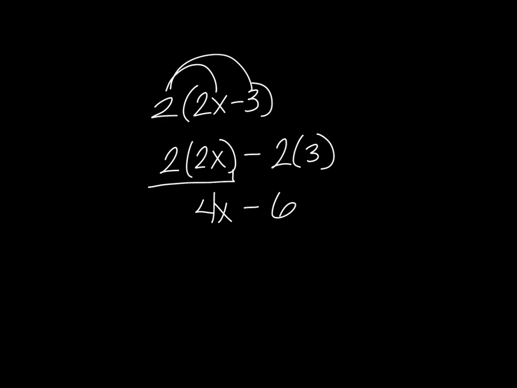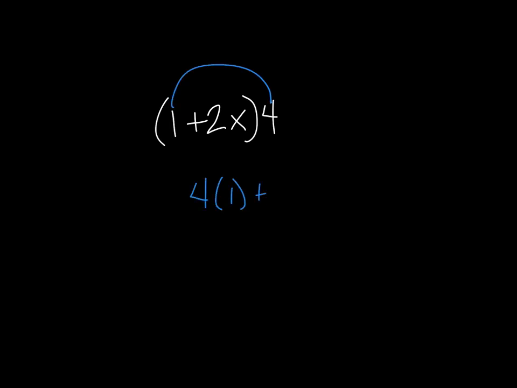Now it doesn't matter where I have the number. So let's say I have 1 plus 2x as a quantity, and I have a 4 afterwards. That still is saying I have 4 groups of 1 plus 2x. So I'm still going to say I have 4 groups of 1, and now I have 4 groups of 2x.